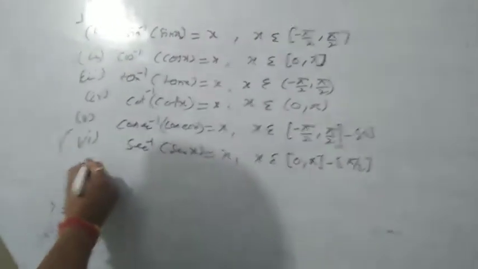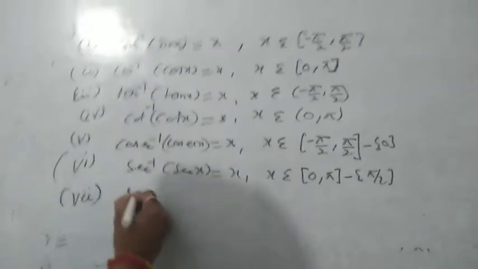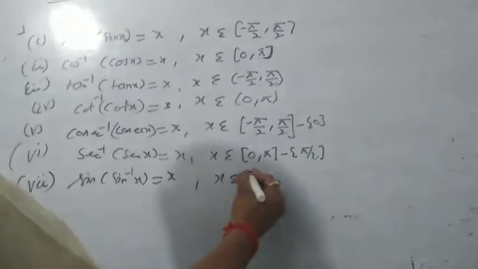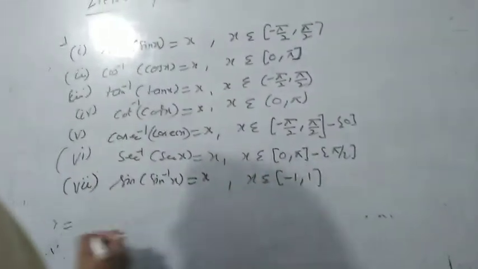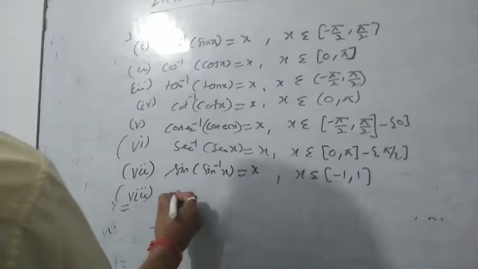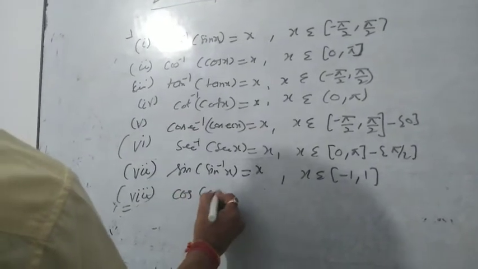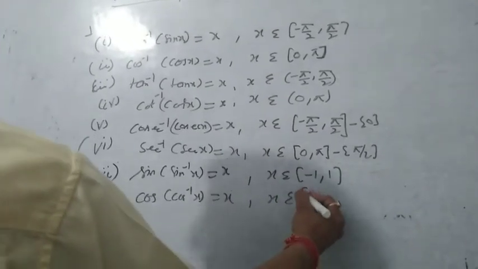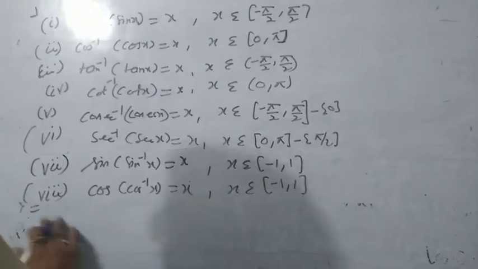Next, property number 7. Sine of sine inverse x is equal to x, where x is an element of minus 1 comma 1. Then the eighth one, cos of cos inverse x is equal to x, where x is an element of minus 1 comma 1.